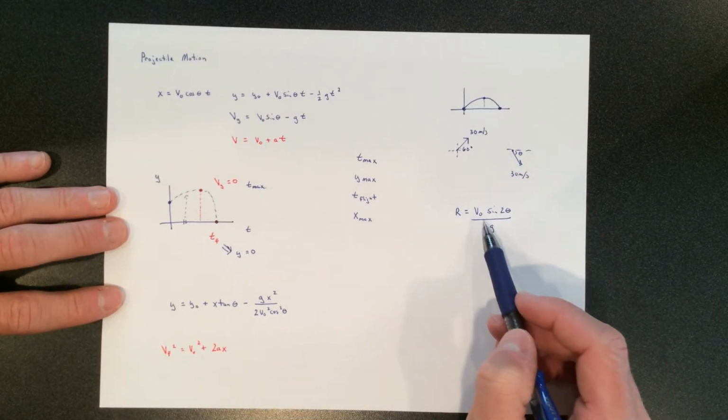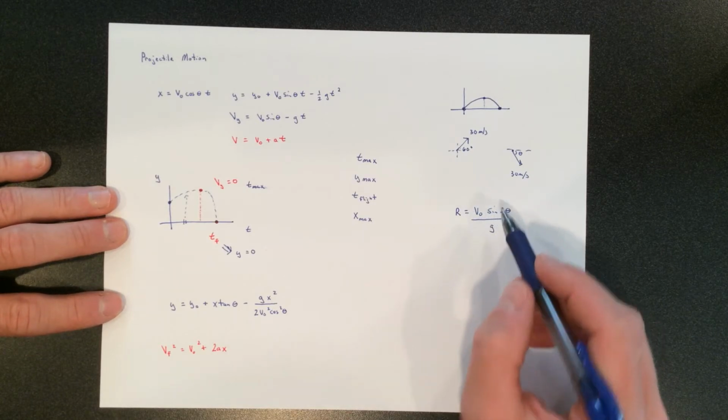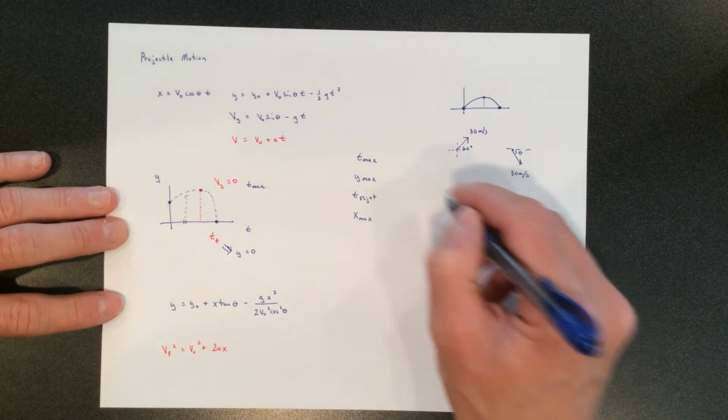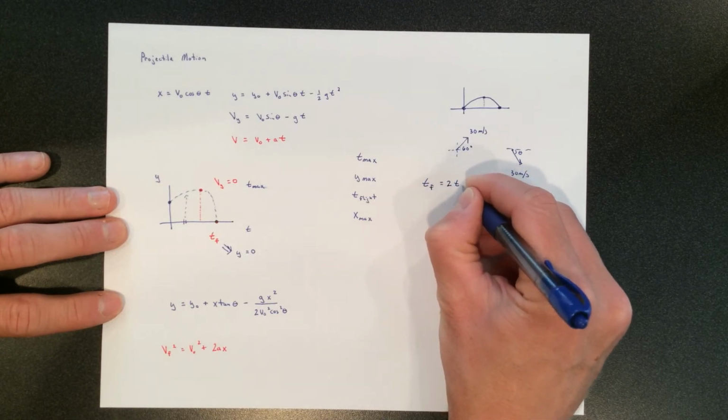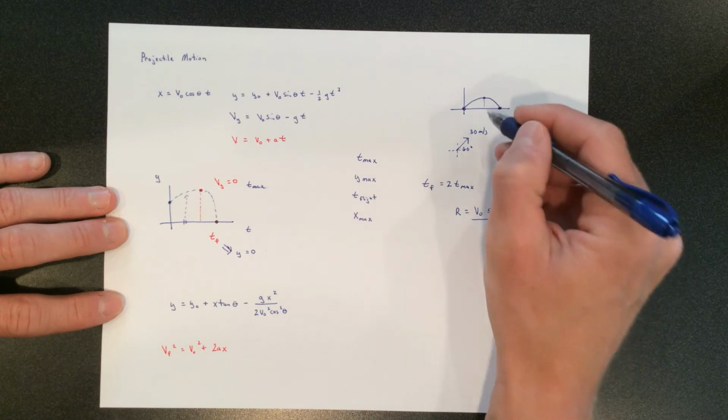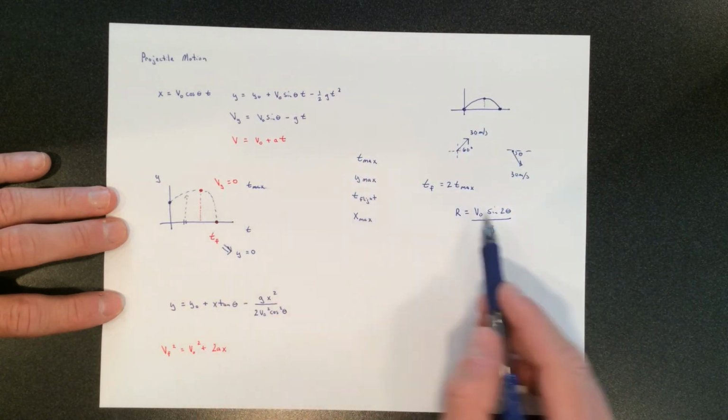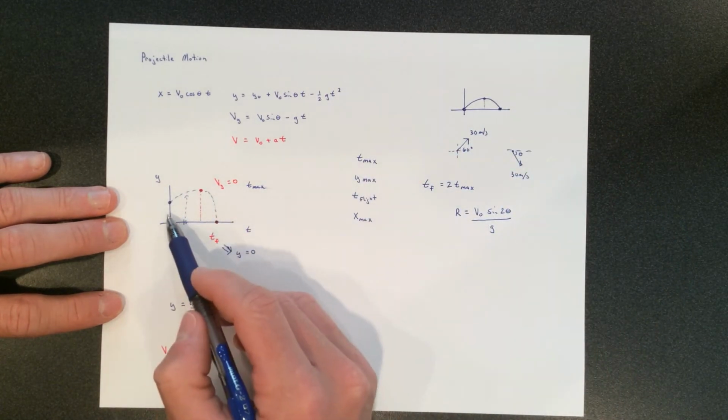The main assumption we make in this derivation is that the T-flight is just double Tmax. Hopefully that's obvious that it's true here and not true here, which means this equation does not work if you launch from a building.